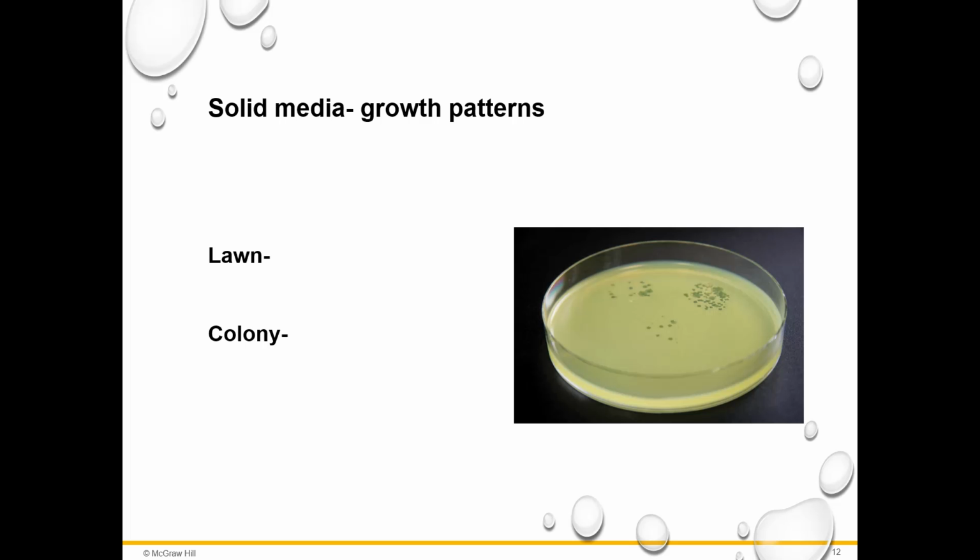Every single cell within a colony is definitely of the same species, and it's extremely close in genetic composition to all of the other cells in that colony because they arose from the cell divisions of one cell.